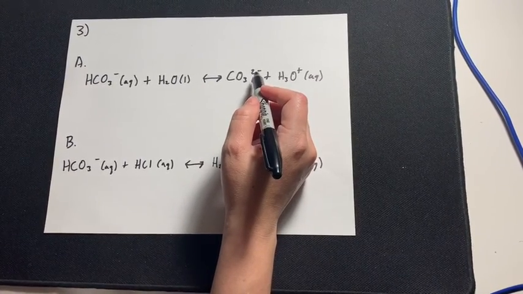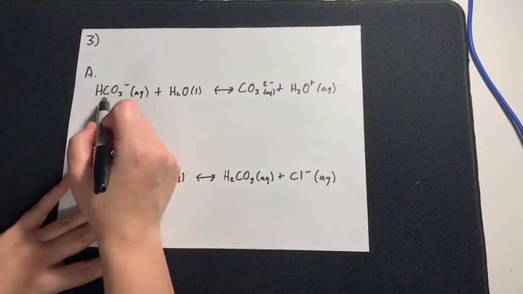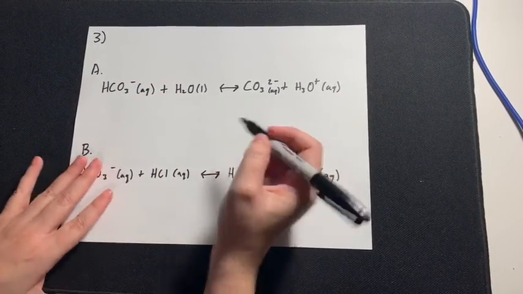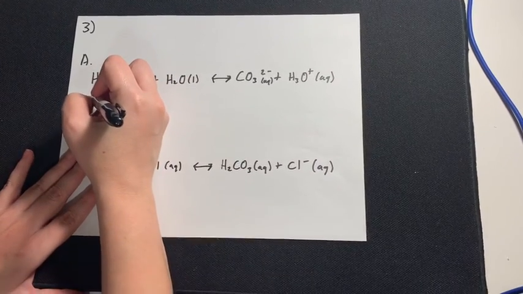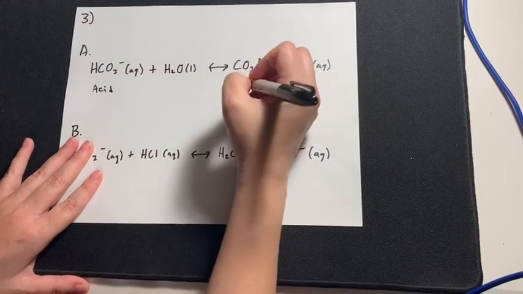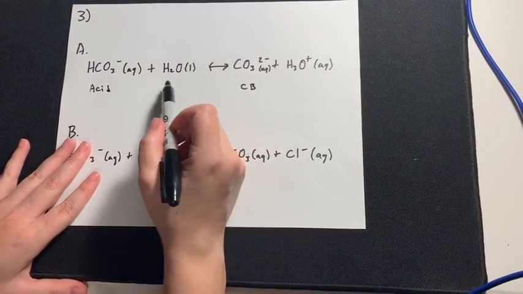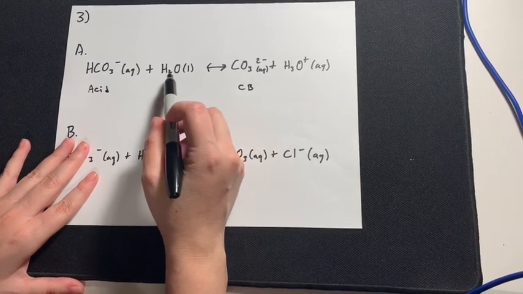So it lost not only the H, but also the positive charge, which is indicative of an acid and a conjugate base. So here we have the acid and the conjugate base. So then by default, that makes this the base, but let's go ahead and look at that.